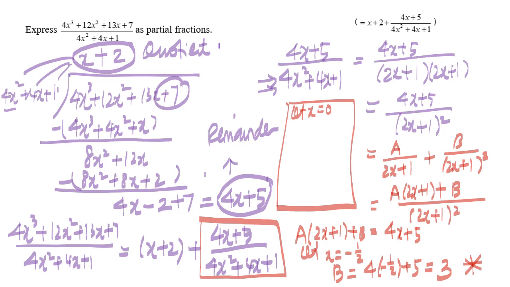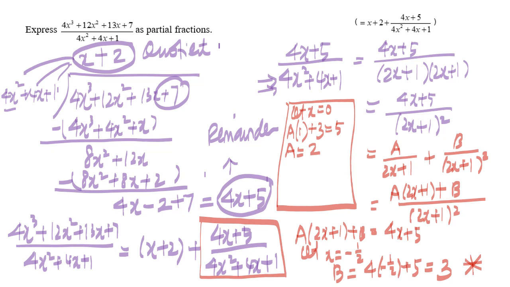Can you think of a reason? If my x is 0, I will have A times 1 because 2 times 0 is 0, 0 plus 1 gives me 1. I've already found B to be 3, so I can substitute it inside there. And then 4 times 0 will be 0 plus 5 gives me 5. So my A will be equal to 5 minus 3, which is 2.